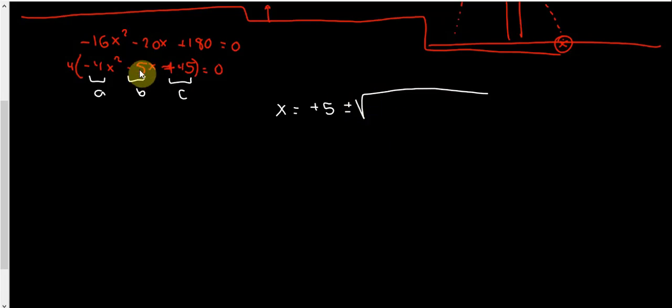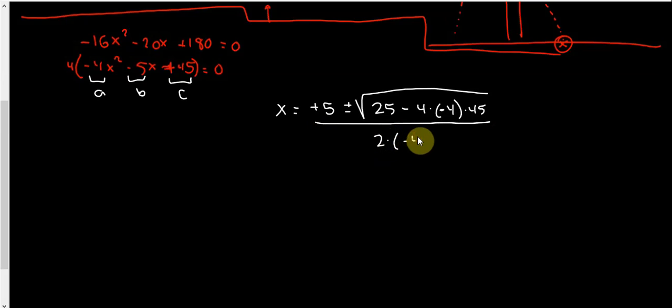So b squared, negative 5 squared, is 25, minus 4 times a, which is negative 4, times c, which is 45, all divided by 2 times a, which happens to be negative 4.